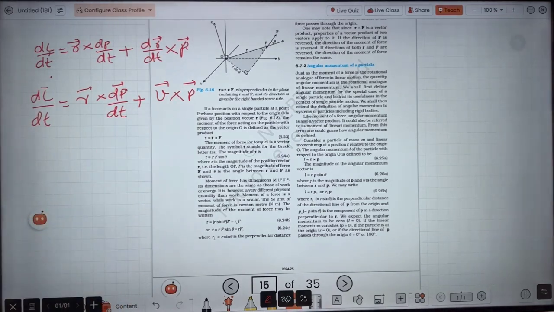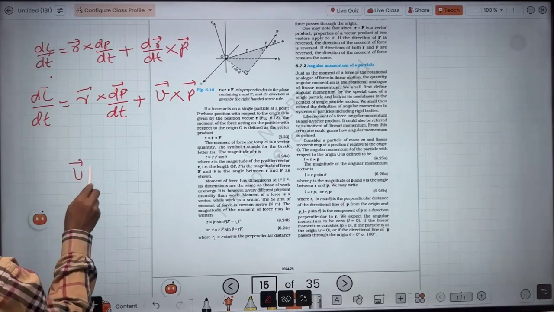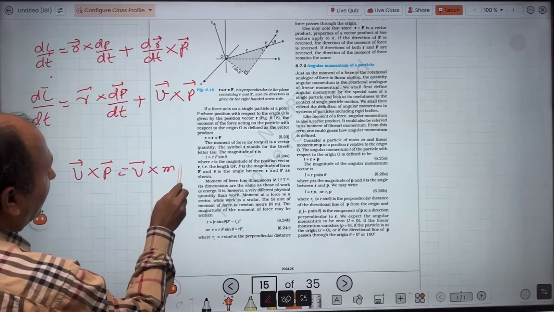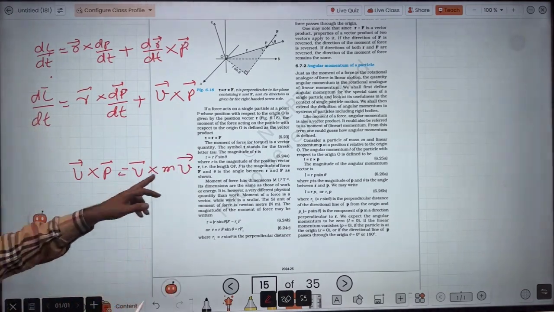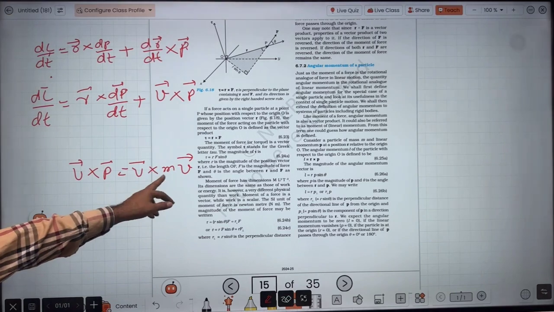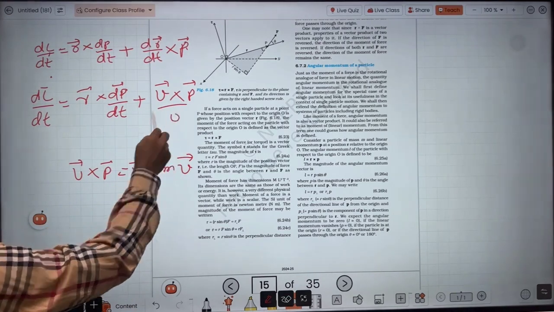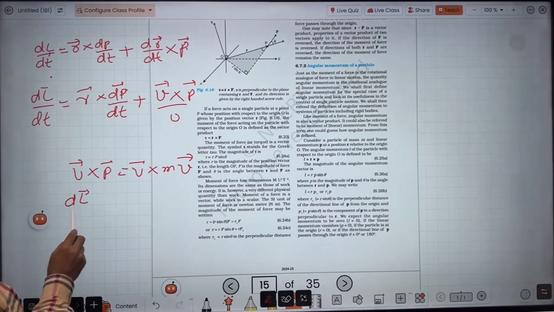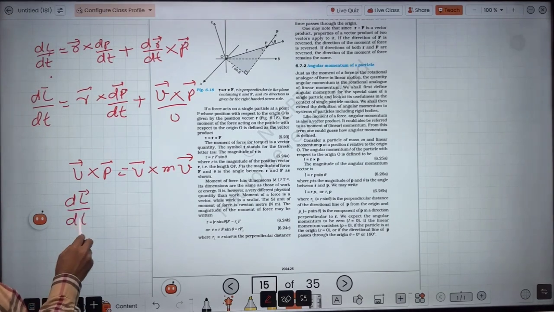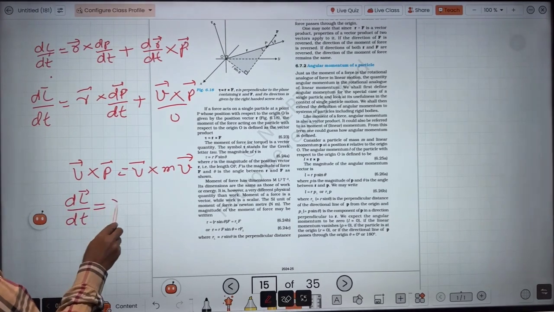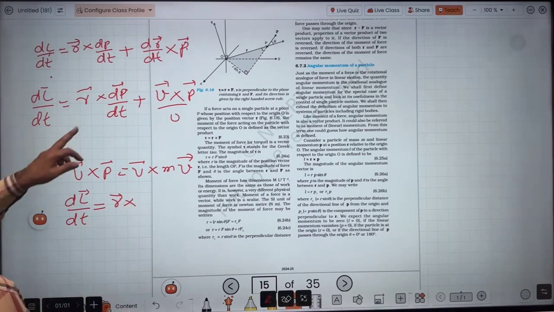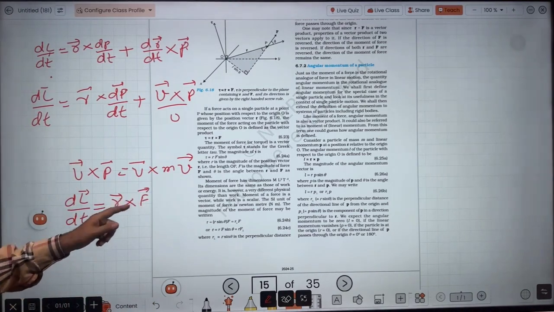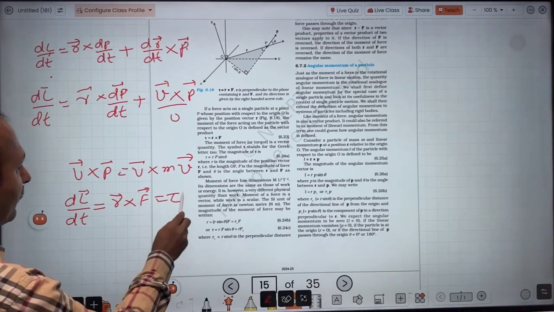If you observe carefully, v cross p means v cross m into v, and these two are parallel vectors. So the cross product of the two will become 0. So this term will become 0. So we will be left with dL upon dt equal to r cross dp upon dt, which is force, so r cross F, and if you remember, r cross F is torque.